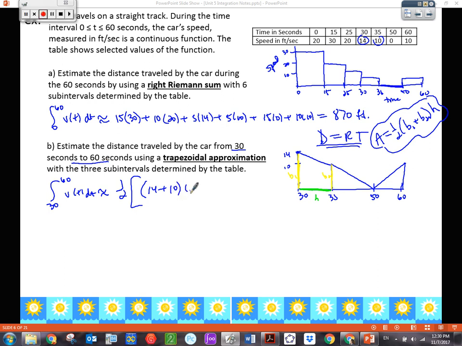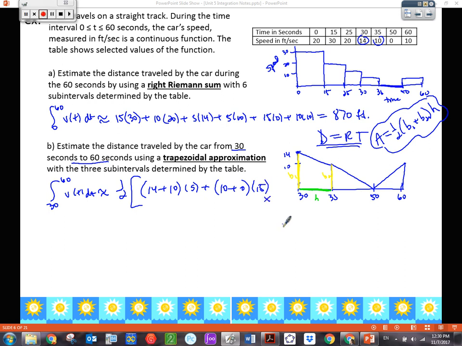And my height, which is this, is 5, plus. Okay, let's look at our next trapezoid. Here, the base 2, which becomes this trapezoid's base 1, is 10, and the second base is 0. And the height of this, the difference between 50 and 35, is 15.